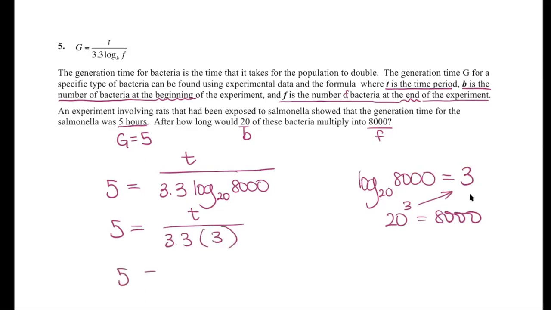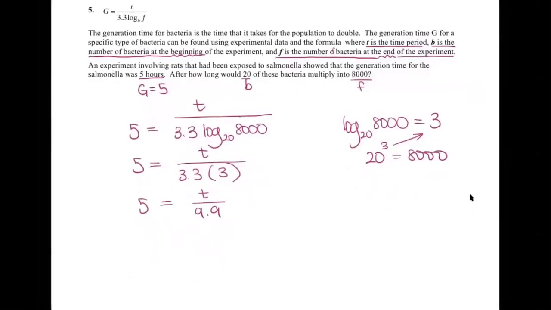So then that's going to be T over 9.9. Multiplying that over, T is equal to 5 times 9.9, which gets me 49.5, if I'm not mistaken. Somebody double check that for me. Yes, I think that is correct.